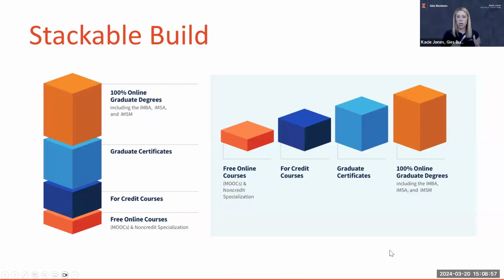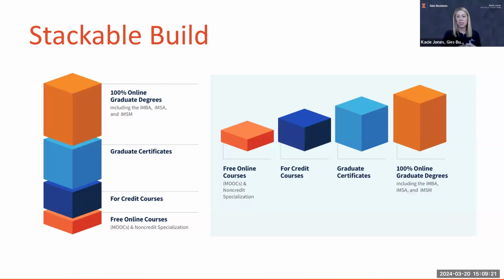Just a little bit more on that stackable build before we go into another poll. These are the pillars that we're going to hit on today. We have open online courses, also known as MOOCs, on the Coursera platform. Probably a lot of you in the session today are familiar with what a MOOC is. As a standalone, it's a non-credit credential.